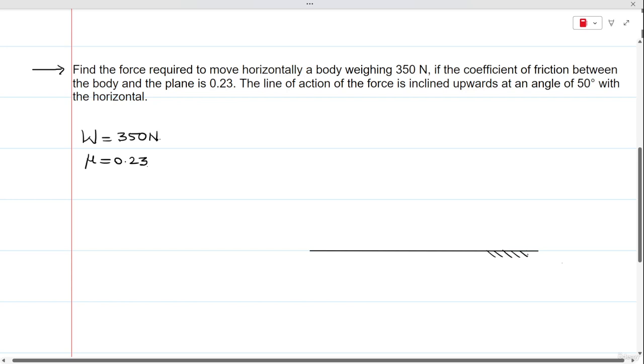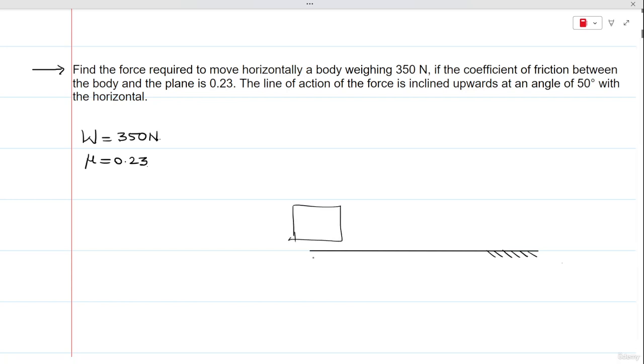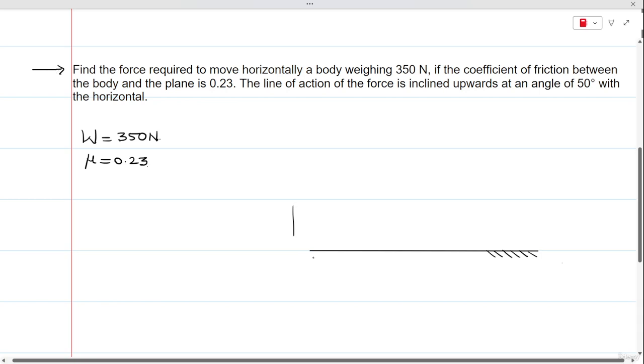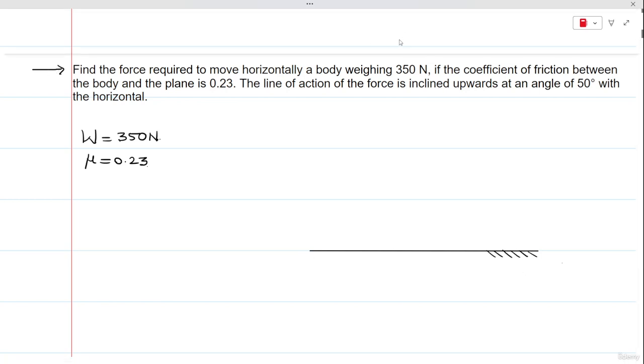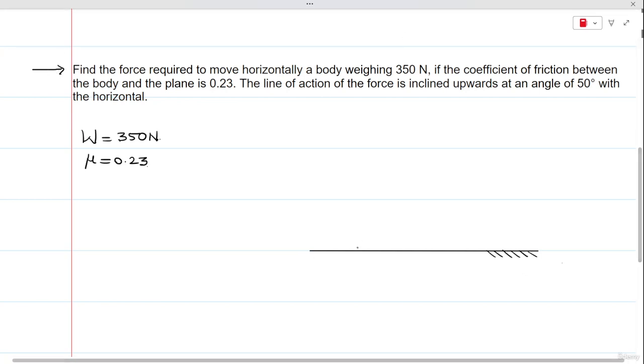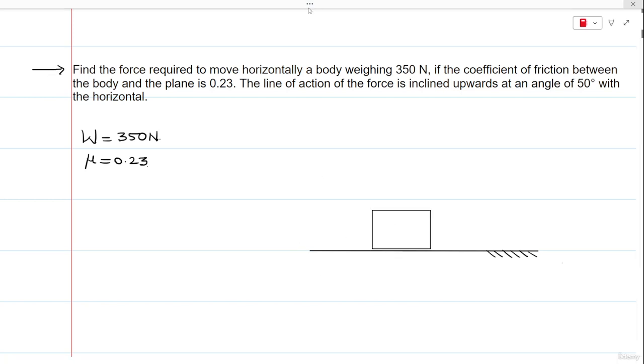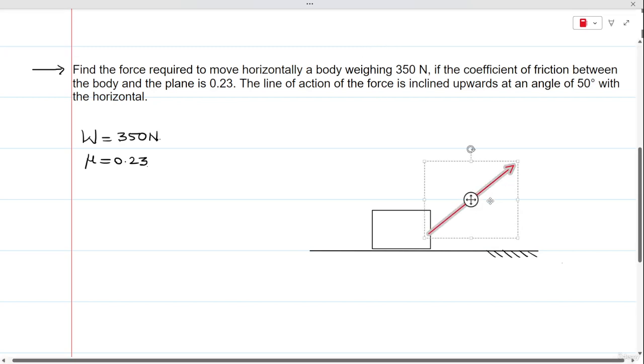Let's say this is the horizontal plane, and on it a block is resting. The coefficient of friction is given, and the force applied on the block is making an angle of 50 degrees with the horizontal.